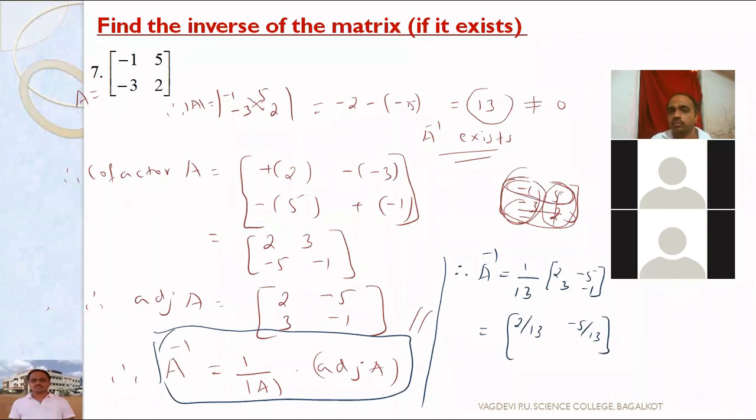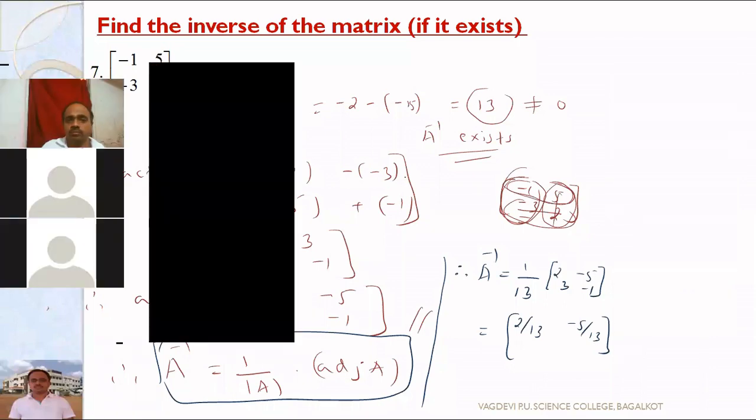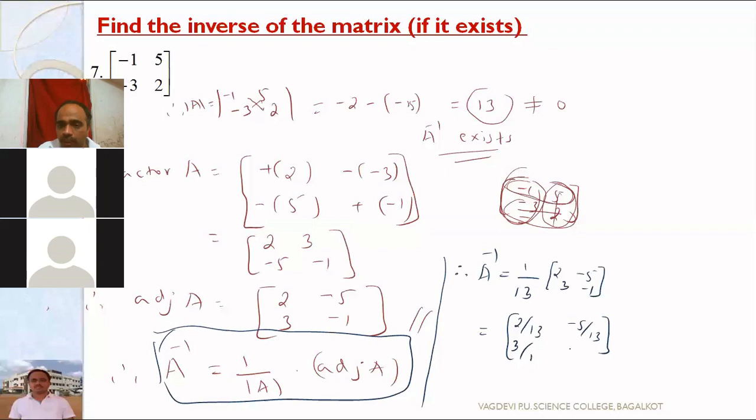Correct? Next, 3 by 13, minus 1 by 13. So this is A inverse.